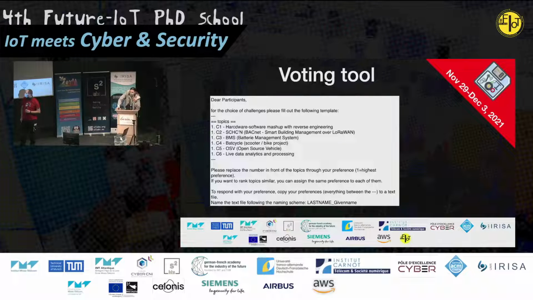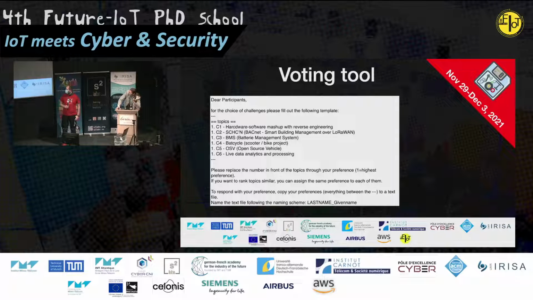And third step, if you are indifferent between all topics, you can leave it as it is, and you will get a topic assigned. If you want to give preferences to the topics, you have to change the numbers in front of each topic, and the topic that you are most interested in would be the 1, and then the second most interested, the 2, the third most interested, the 3, and like that you can express your preferences.